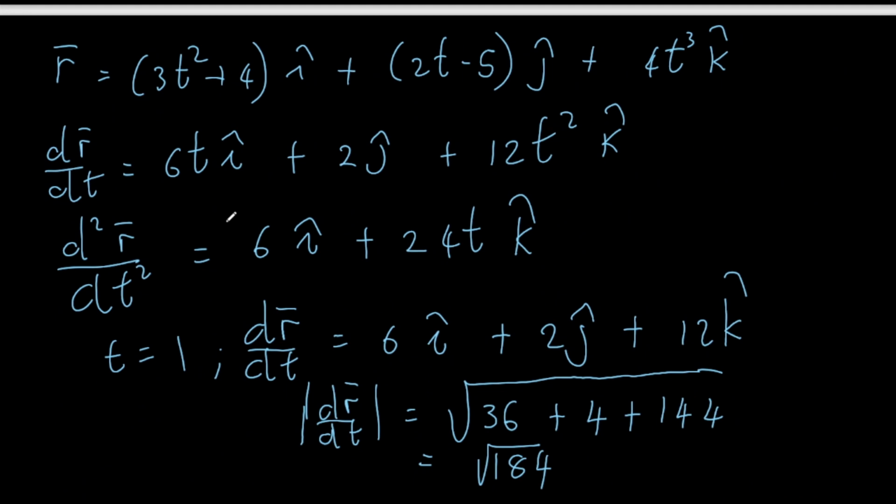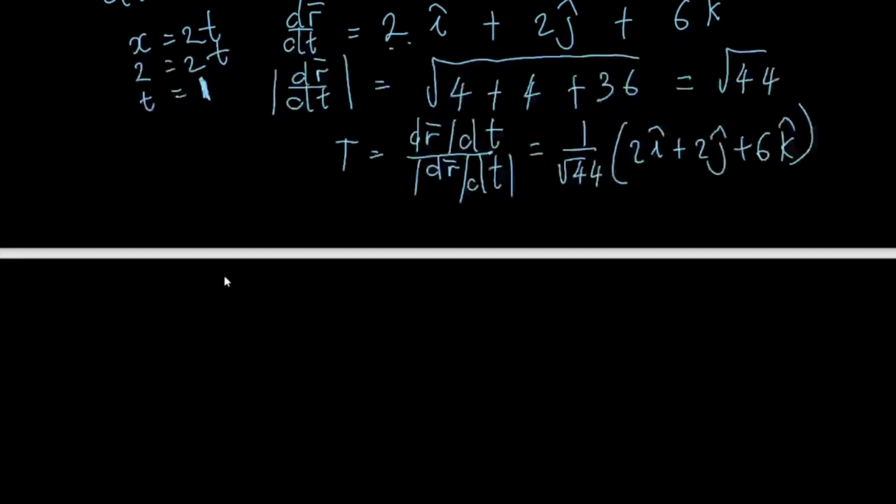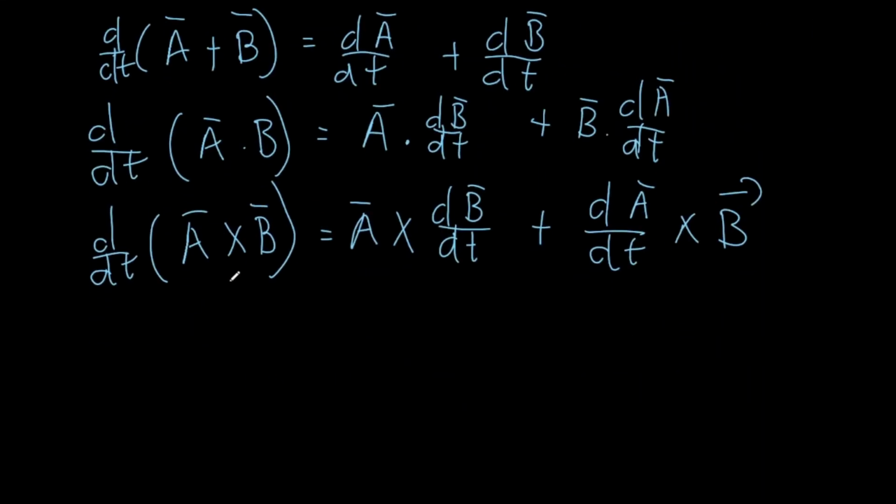And after that, we can compute the unit vector. The unit vector is simply the tangent vector divided by the magnitude to get that value. And lastly, we looked at different ways in which we can compute the derivative of various combinations of products of vectors.